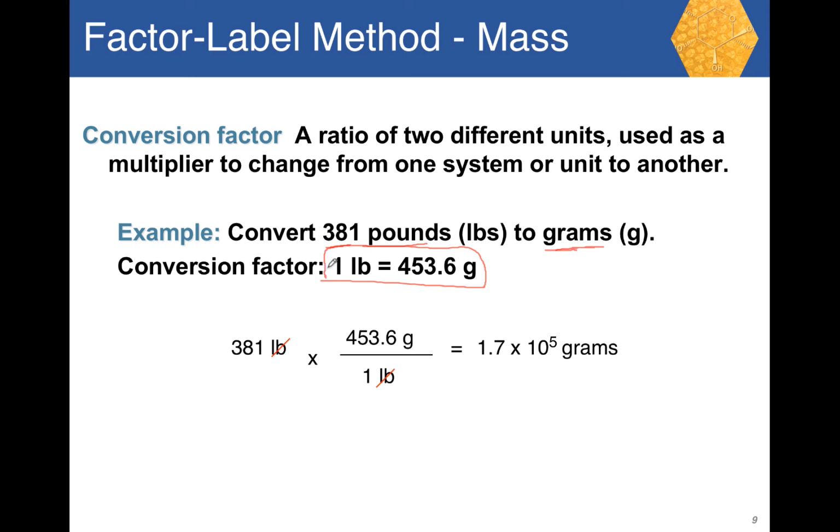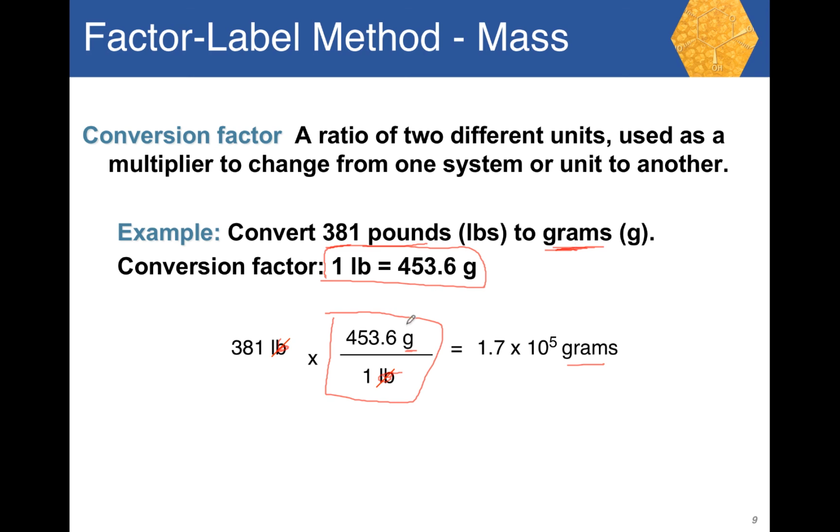The trick is, how do you set up your conversion factor? You set up your conversion factor so that the pounds here cancel out, and after you finish your calculation, you end up with grams. So again, make sure you set up your conversion factor so the units cancel to give you the unit you're asked to calculate.